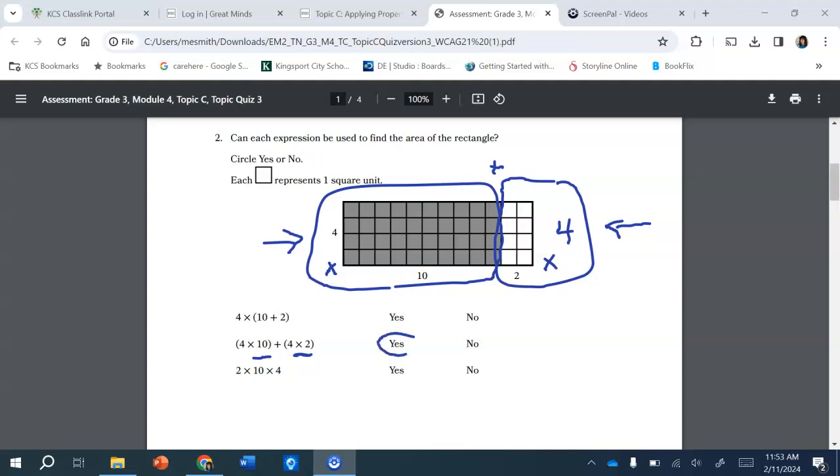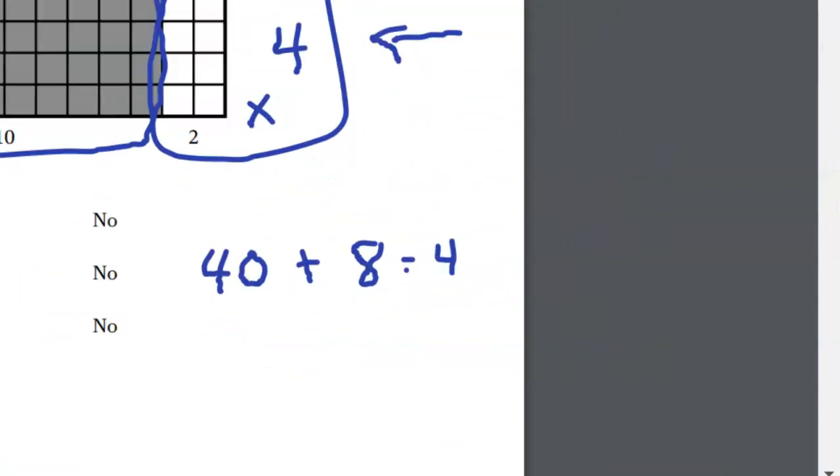So yes, this middle choice would absolutely be a choice. Now, when I think about that area, 4 times 10 would be 40 square units. And then 4 times 2 would be 8 square units. And I put those two together to give me 48 square units.